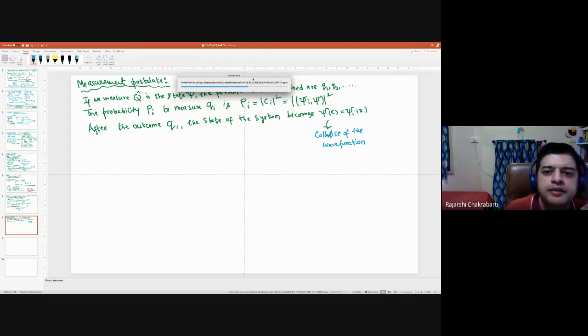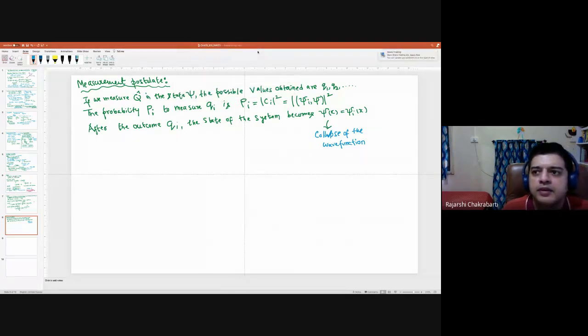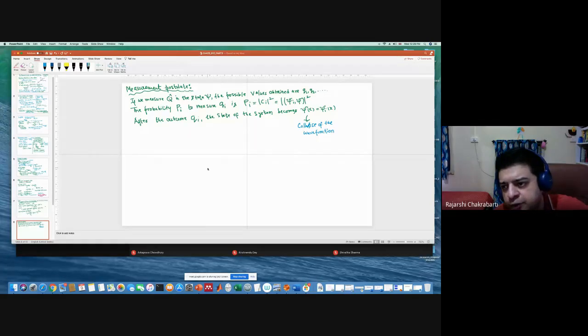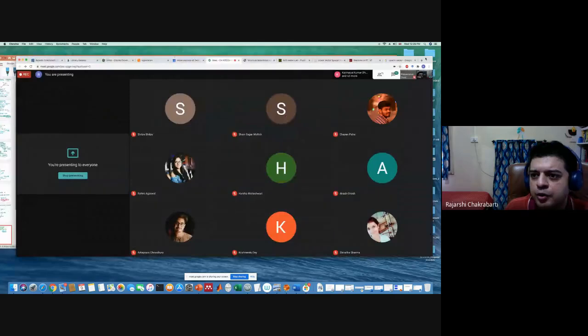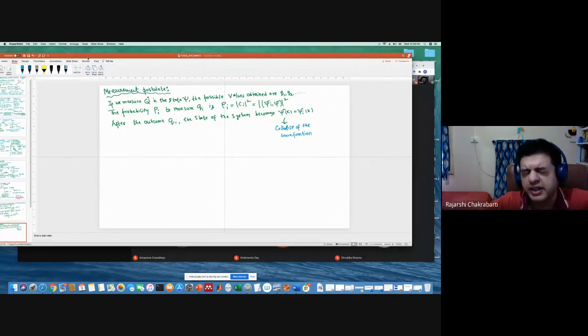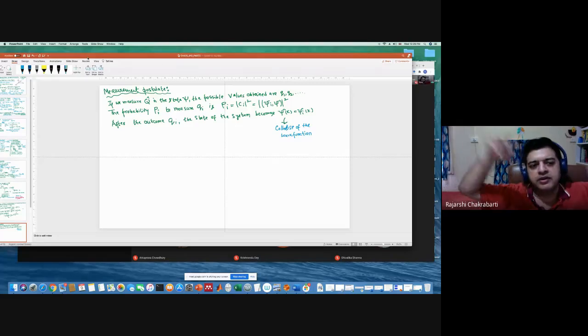So the measurement postulate said that if you measure the quantity associated with the Hermitian operator, it could be a momentum, could be your total energy, whatever. If you measure in the state psi, the possible values obtained are the eigenvalues Q1, Q2, whatever.